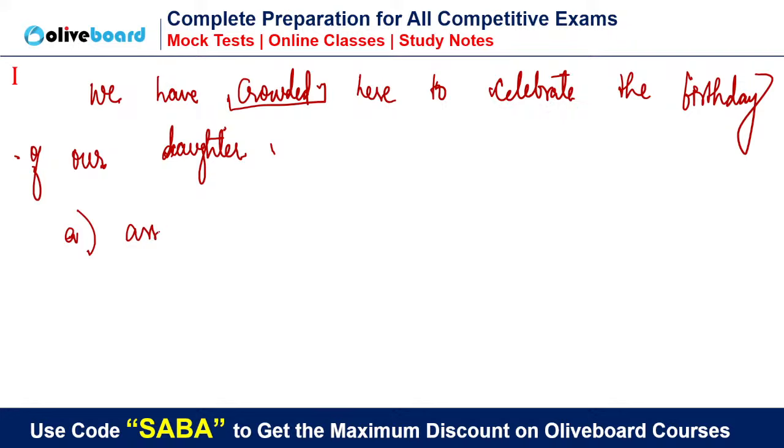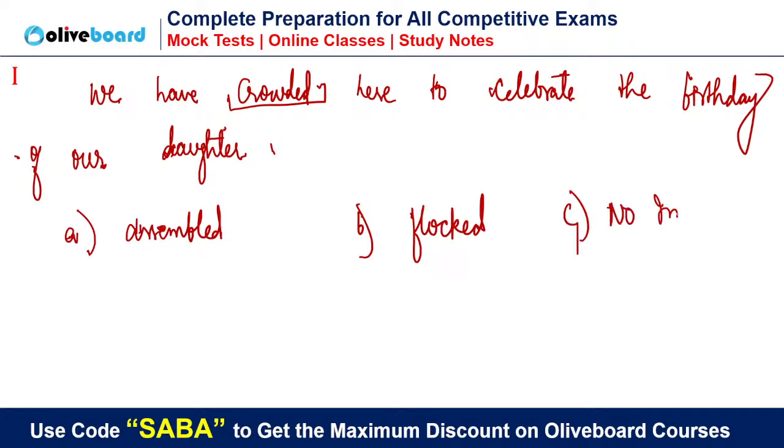Options are: A is assembled, B is flocked, C is no improvement. No improvement means crowded in itself is correct. When you feel that crowded is correct, you will go with that.